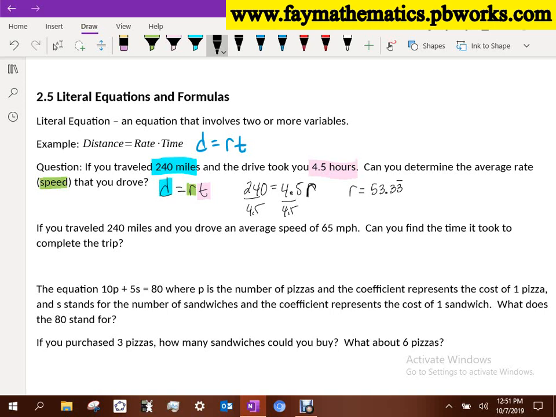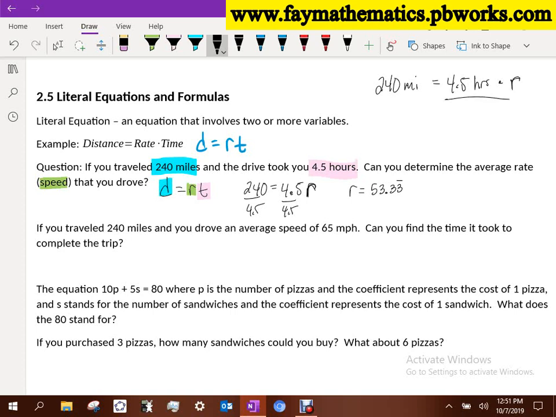The idea is we have to remember that this 240 had a unit with it, didn't it? It had miles with it. Okay. When I look at the 4.5, the 4.5 had hours with it, right? Times my T, times my R, my rate. Okay.